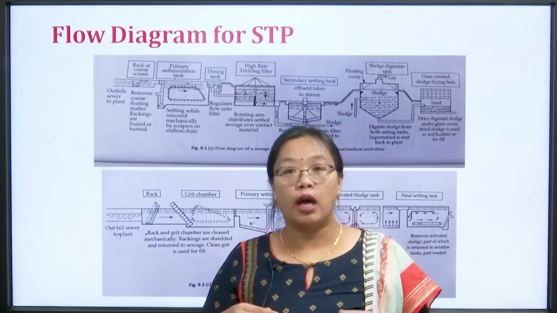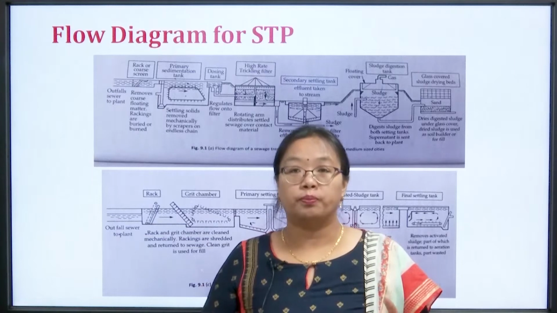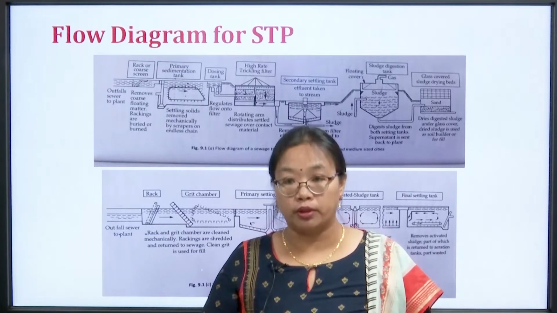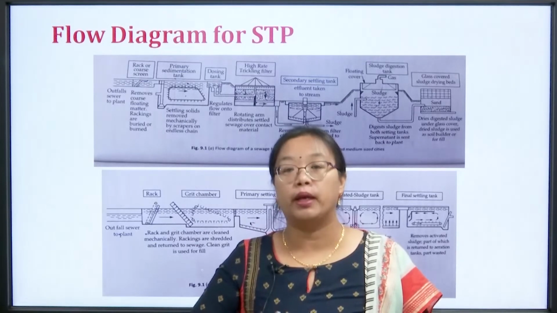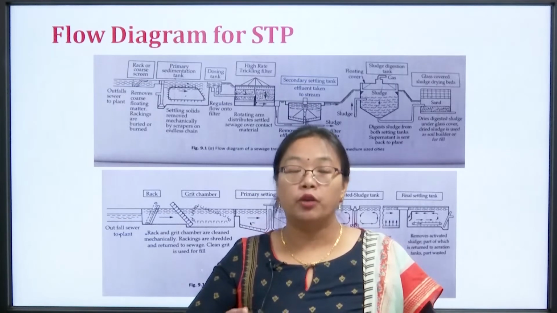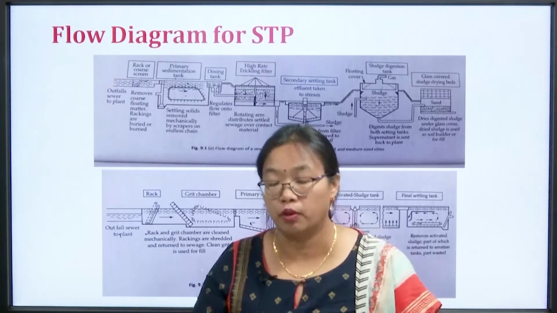Everything, you as an engineer will decide what needs to be done. We will only let you know what the processes are, what the merits and demerits are, and how it is done. But when you go to the field, you have to decide which ones to keep and which ones to remove. Okay.